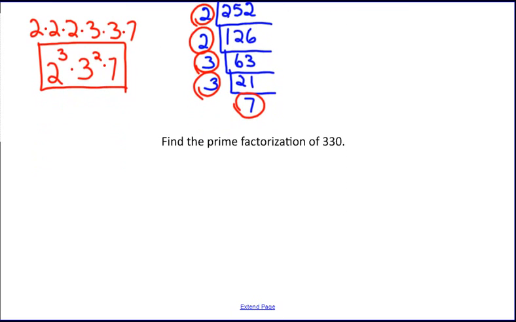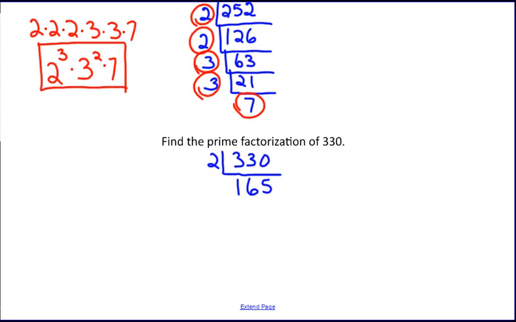We have one more problem that we can do, 330. Well, once more, this is an even number, so let's start with 2. 2 goes into 330 1, 6, 5, or 165 times.